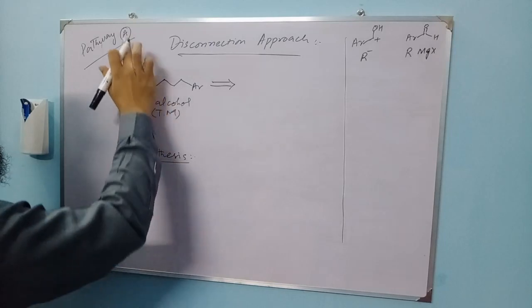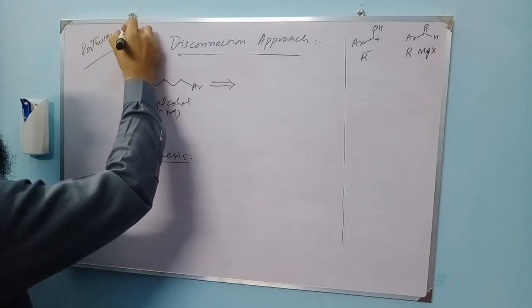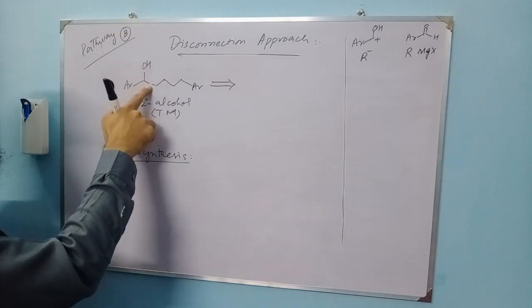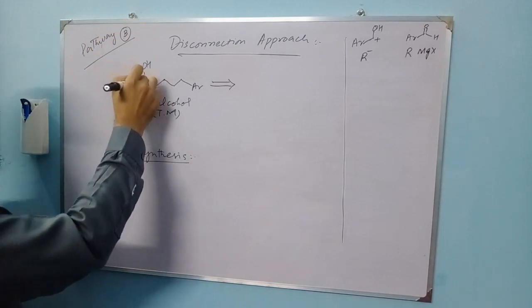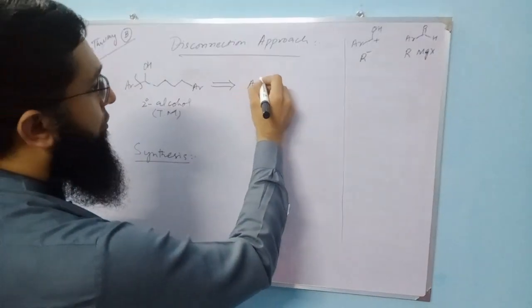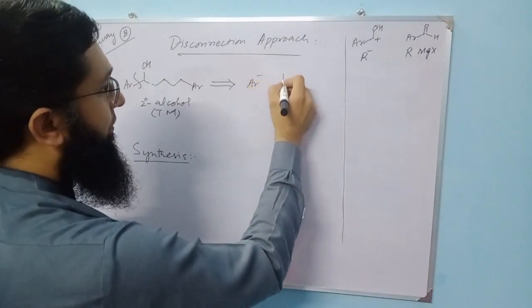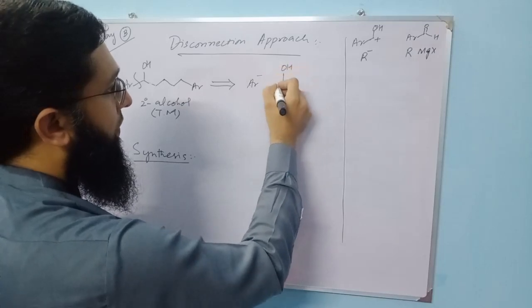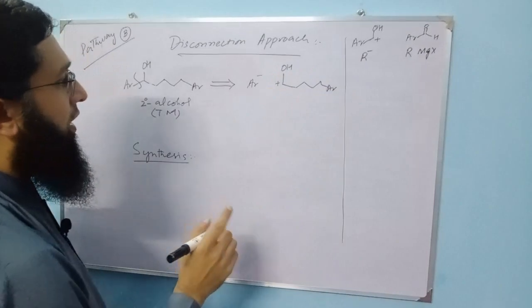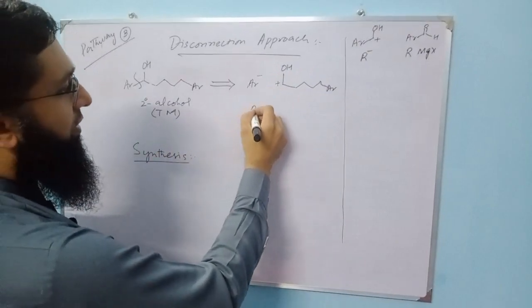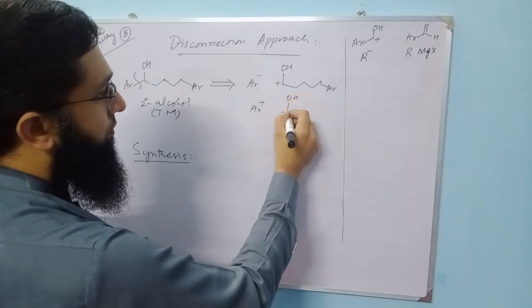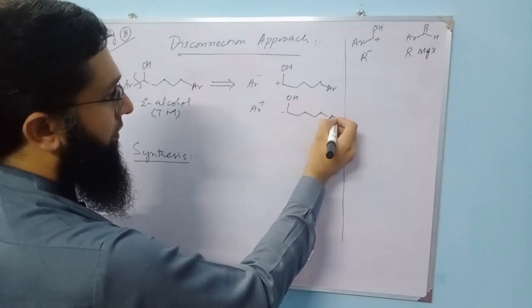Now we can propose an alternative route, pathway B. Instead of disconnecting from here, we can disconnect from here as well, and again we would get R negative, here it would be positive, and again the other combination would be this one.